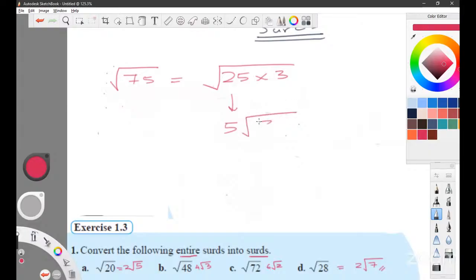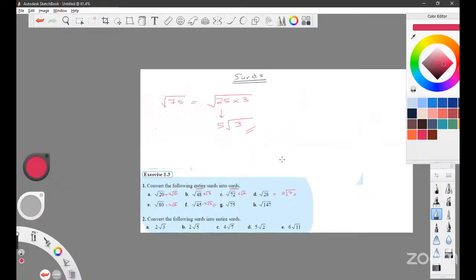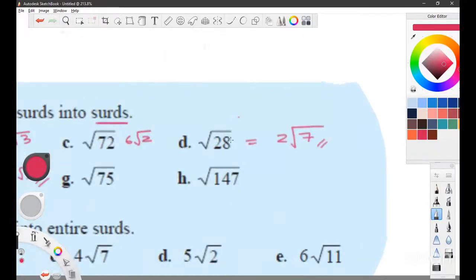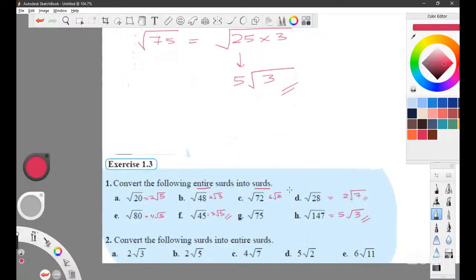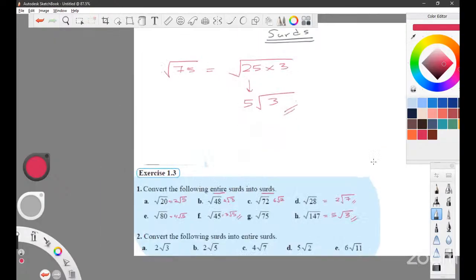That means I can write 5 outside and square root 3. 5 square root 3 is the answer for square root 75.